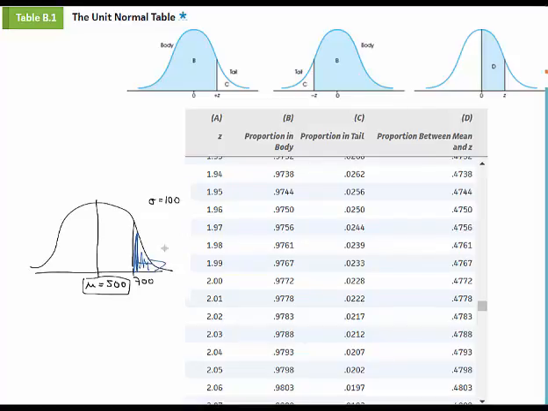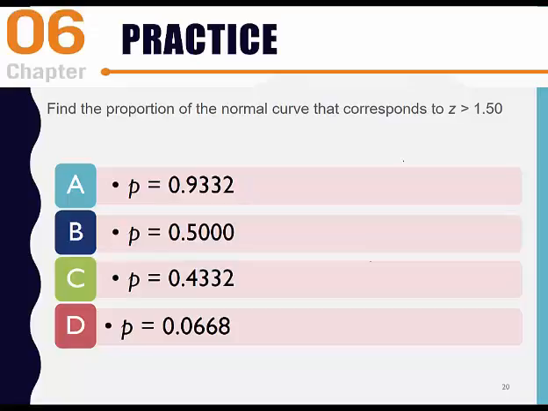So we were looking for this proportion for everybody that was higher than 700. And we knew this came out to a Z-score of 2, and we're looking for this proportion in the tail. So we have to go to column C, and we see that the proportion is 0.0228.